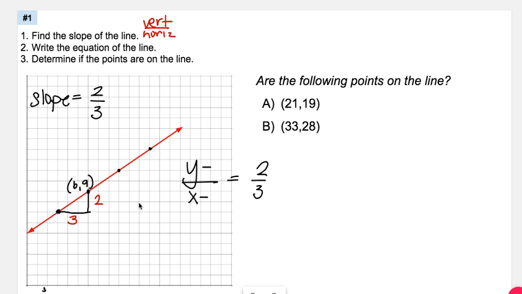Okay, so if we think back to how we handled this on the last lesson, let's think about it the same. I want to create my second fraction. So I'm trying to figure this fraction out.